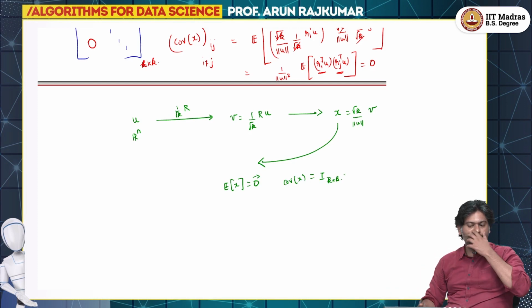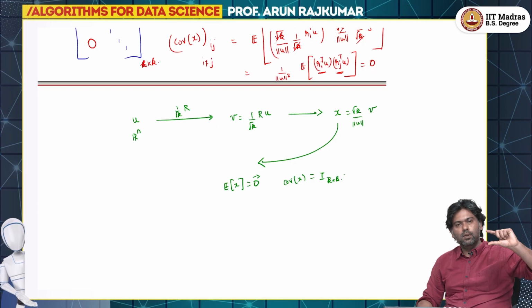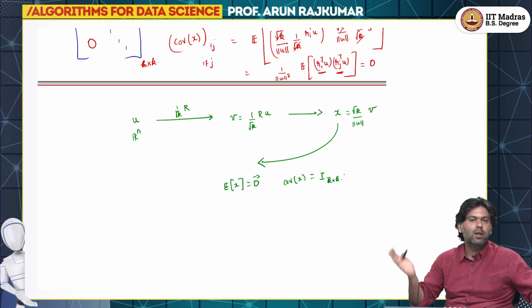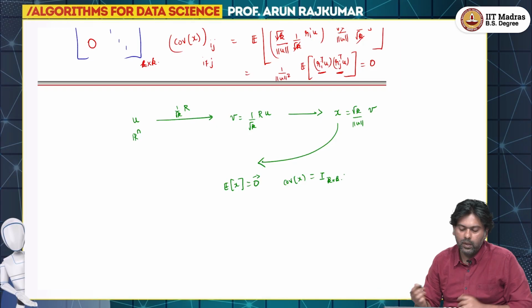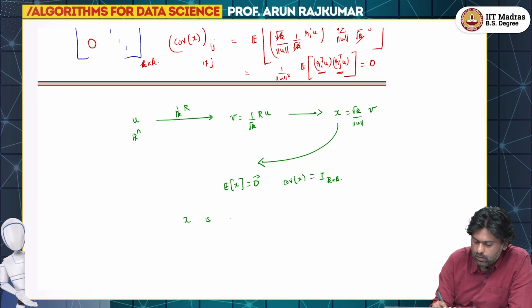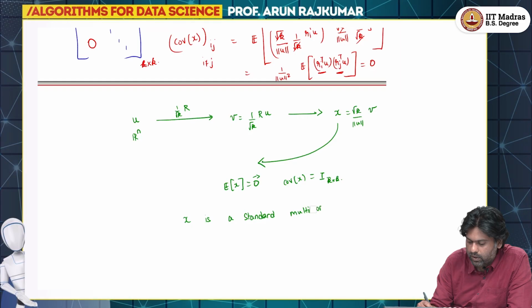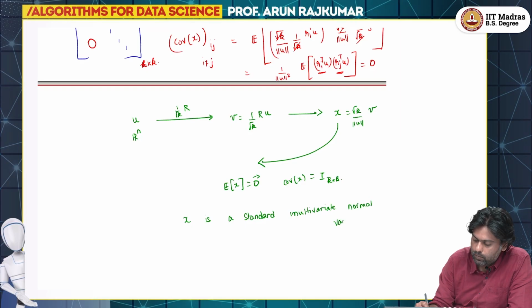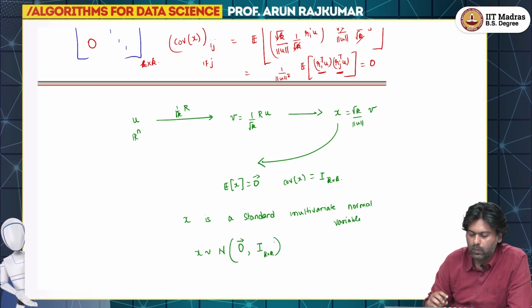Basically, then what we are saying is that the x vector is just a standard multivariate normal random variable, right. So, x is distributed as a Gaussian with 0 mean vector and the identity matrix in k cross k, which is interesting.